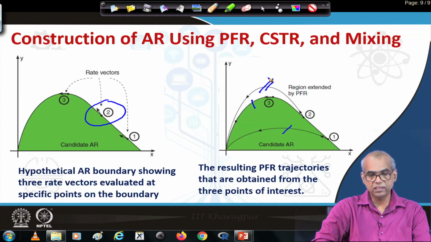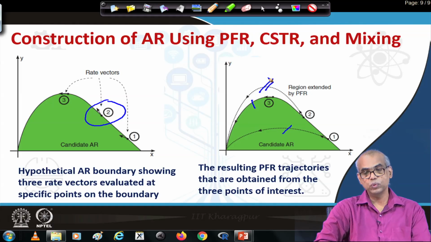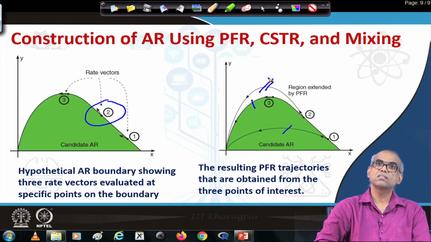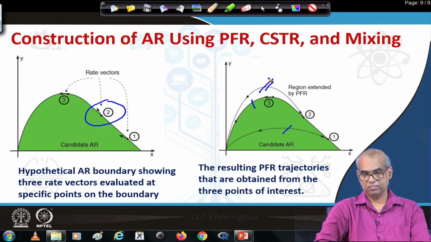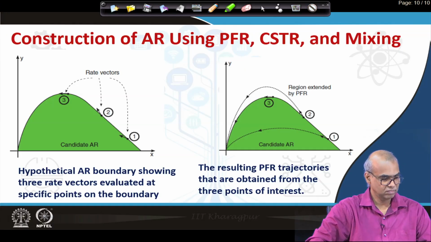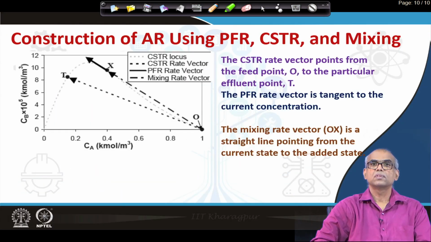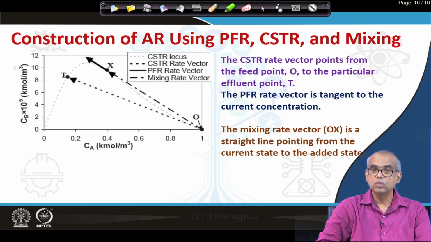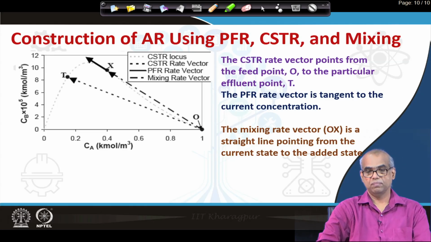So, the PFR trajectory drawn from point 2 extends the attainable region. So, we will look at the possibility of extending the region by not only the mixing process, but also by application of the PFR trajectory.